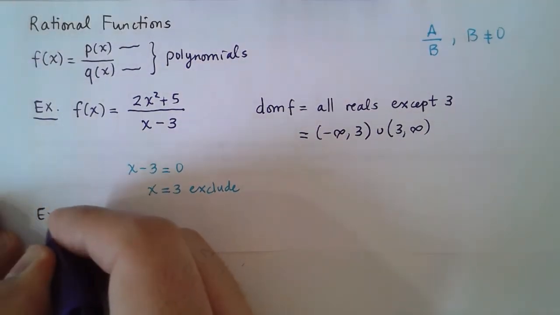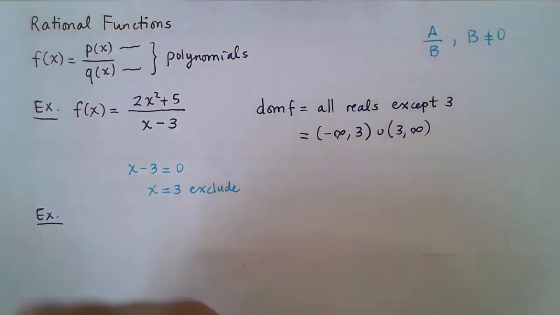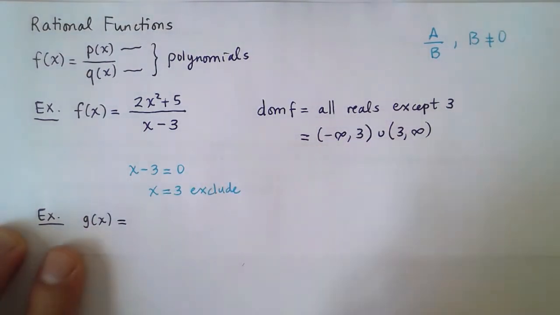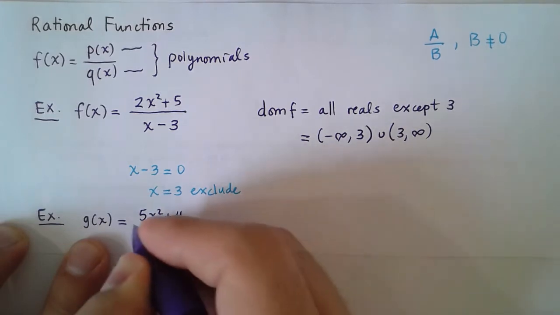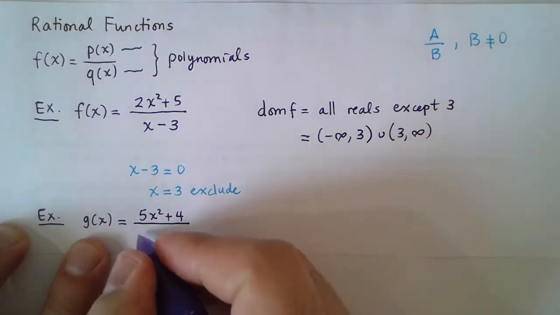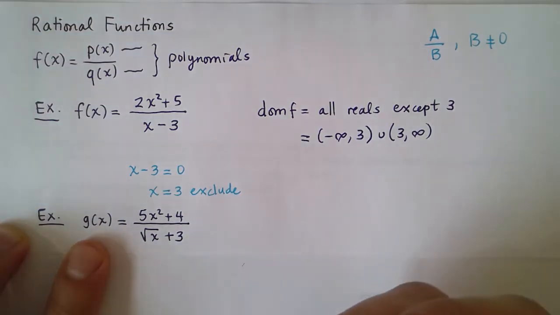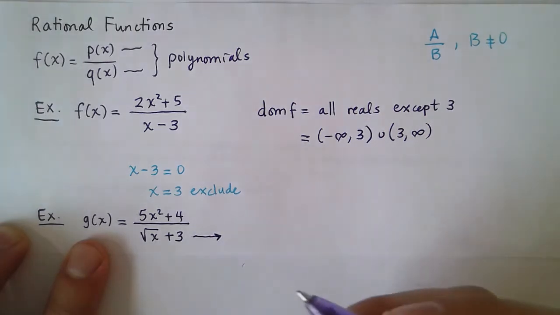So this is just one example, and I can put another extra example. Consider this function, this time g of x equals 5x squared plus 4 divided by square root of x plus 3. As you see, this is the denominator.